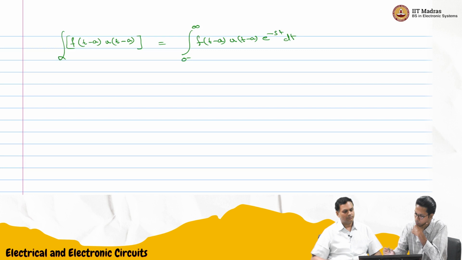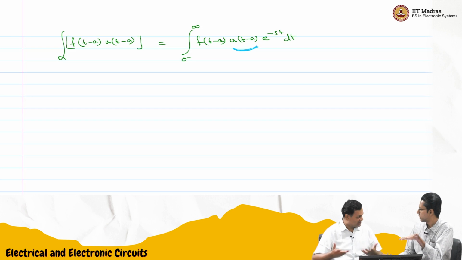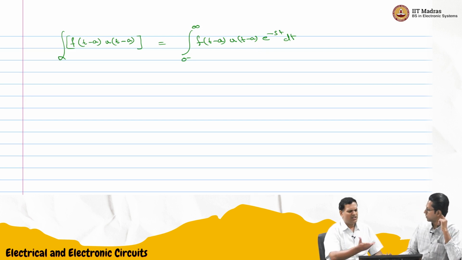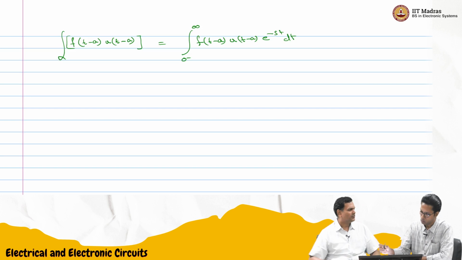So you were saying that this is 0 till time t equal to a. So we'll change the limit? Yes, because it is anyway 0 for t less than a.